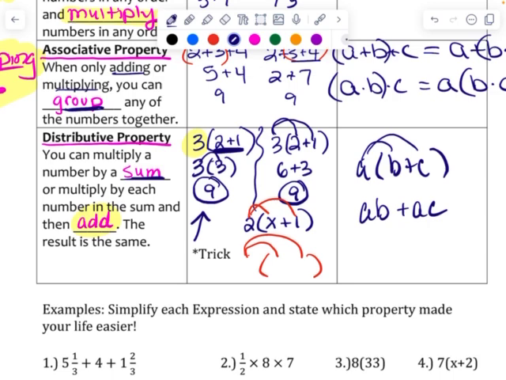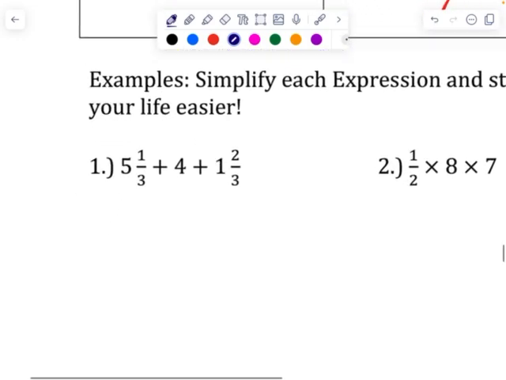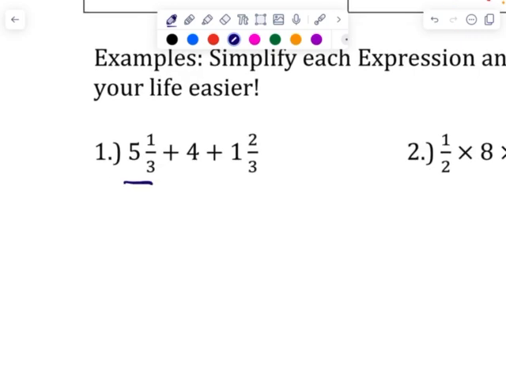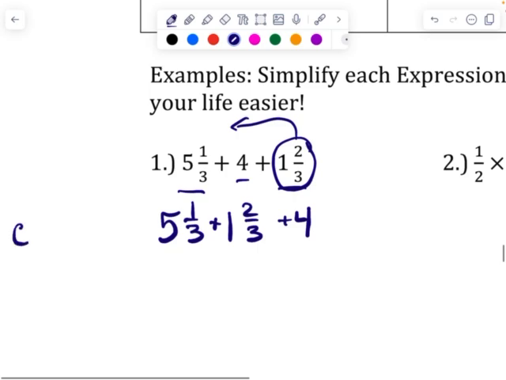All right, so let's go ahead and simplify some expressions and state which property is used to make our life a little easier. All right, so if I see 5 1/3 plus 4 plus 1 2/3. Well, if I can change the order and get this term closer to that side, then I can add my fractions. So I'm going to have 5 1/3 plus 1 2/3 plus 4. I just changed the order, so I used the commutative property.